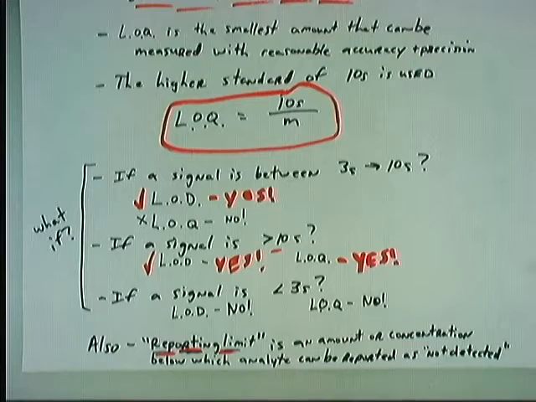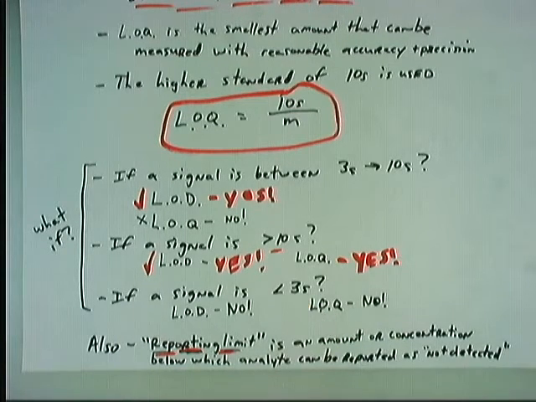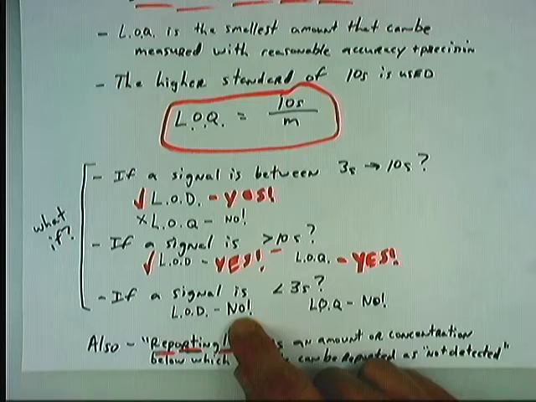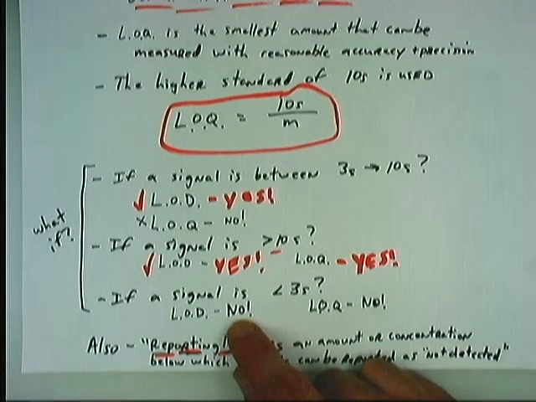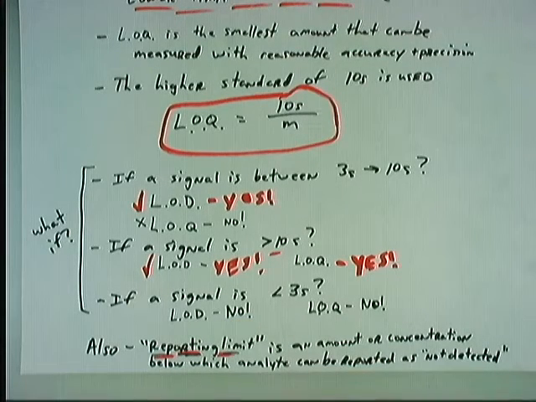Okay? Now, another hypothetical question. If I run my chemical assay or my chemical test, my method, and I find that the signal produces less than 3 standard deviations of the replicate noise for the sample near the detection limit, I have not detected analyte. Does that mean that 0 analyte is present in that sample? Alright?